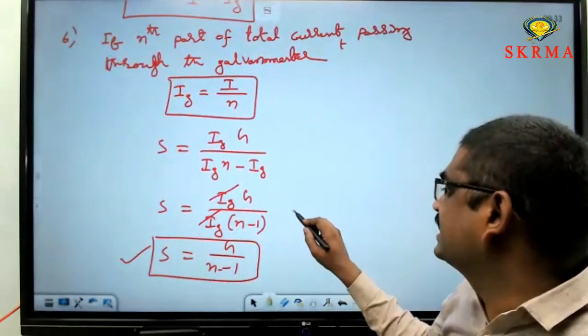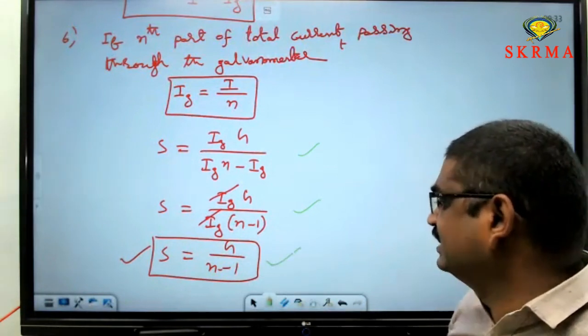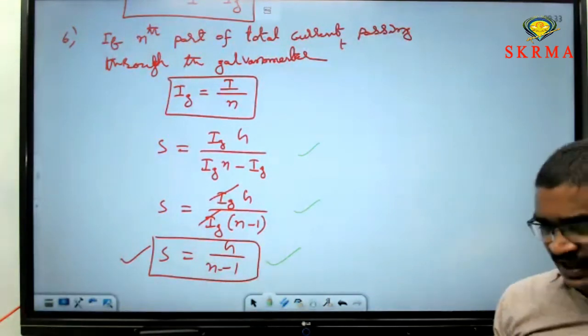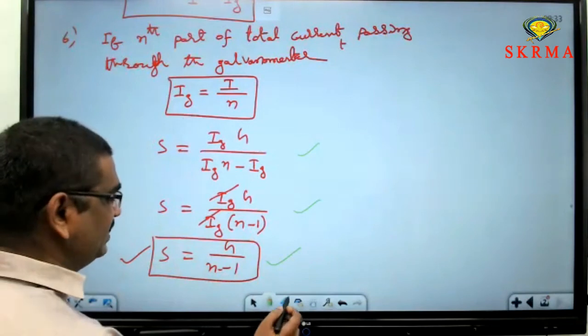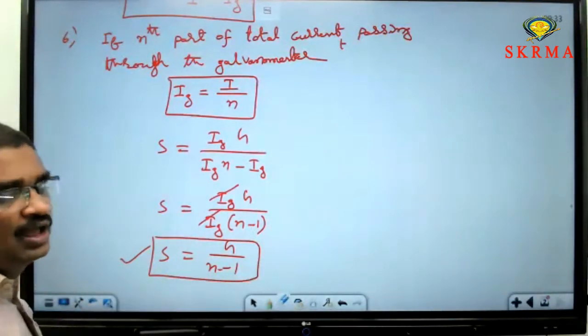Take Ig as common, then Ig will get cancelled out. Then you will get the final equation S equal to G by N minus 1. These are the basic equations for a galvanometer that is converted into an ammeter.